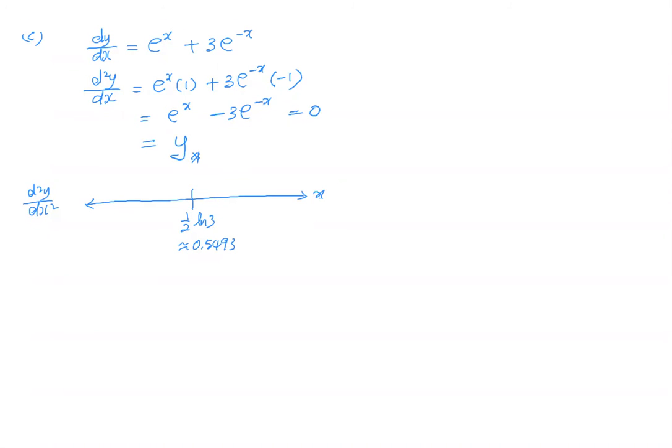How can you use your GC to help you? You have your y1 equal to e to the power x minus 3e to the power negative x. Your y2, your y3. Do you have that? So can someone tell me what is the sign for here?